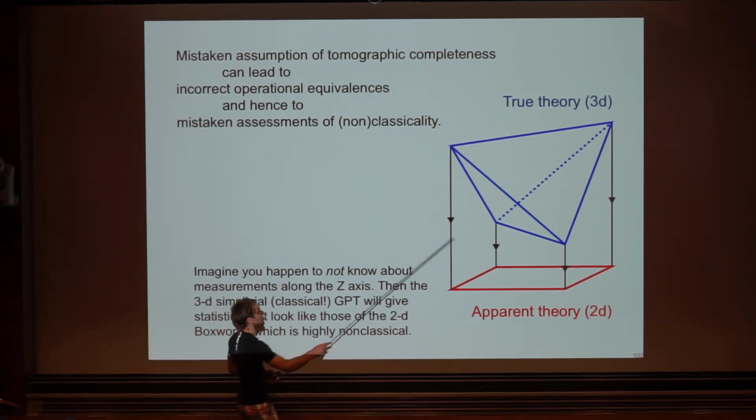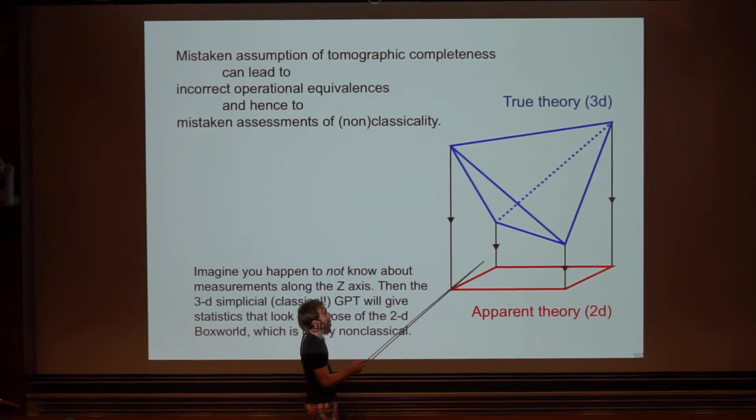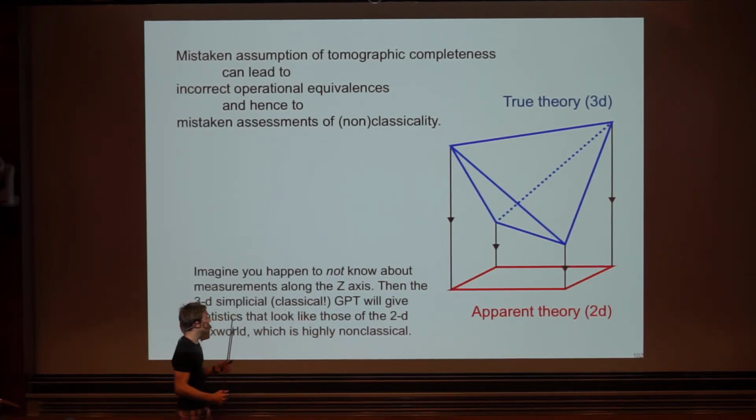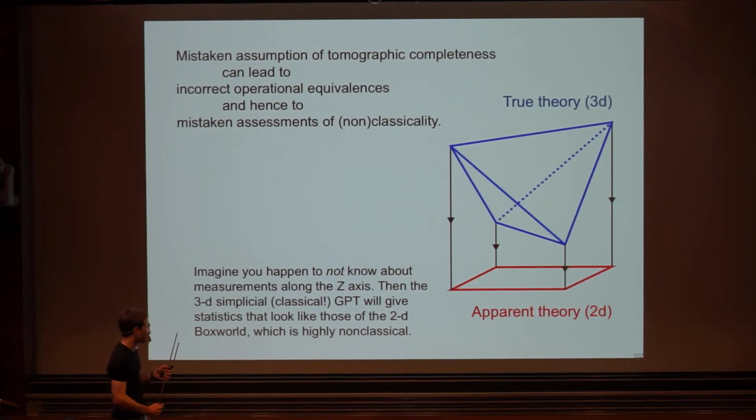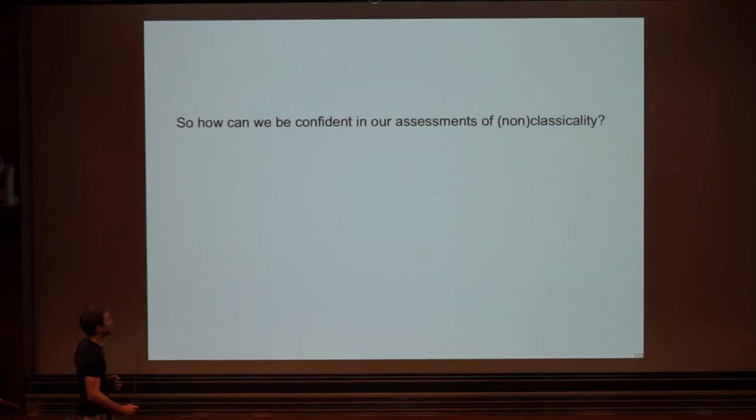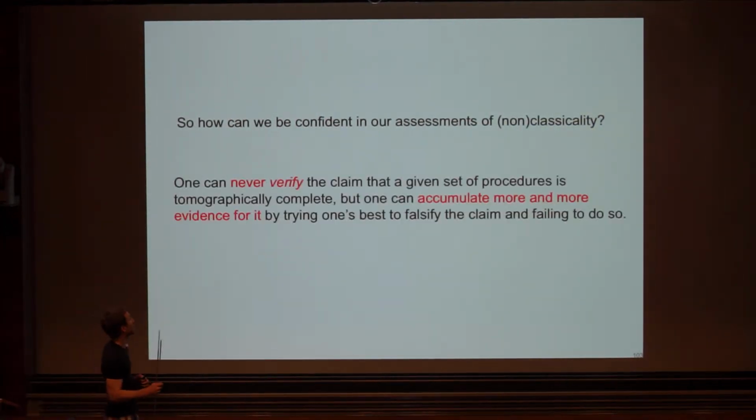So you start with a simplicial theory. Just because you didn't notice all the measurements in the true theory of the world, you suddenly think that you're seeing strong non-classicality. So this is a real problem. If you are wrong about your operational equivalences, then there are many examples where you make the wrong assessment. So how can we ever be confident in our assessment of non-classicality?